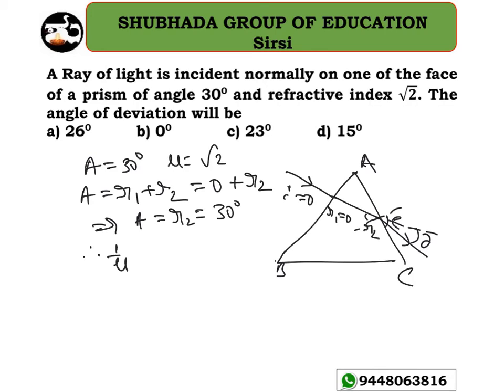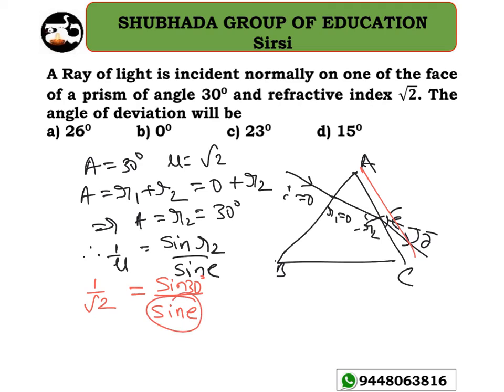Now I can use 1 by mu equal to sine R2 divided by sine E. I am applying Snell's law to the second surface AC here. So 1 by root 2 equals sine 30 degree divided by sine E. Here I get the angle of emergence, so E equals 45 degree.